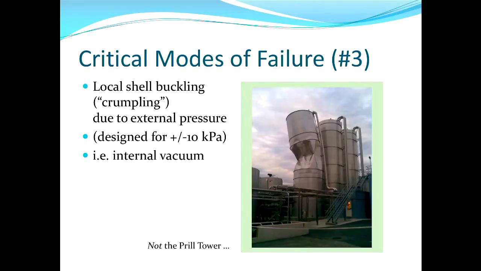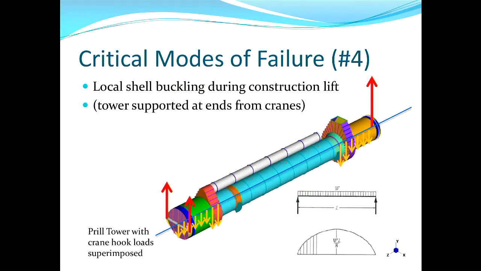But as you know by now, vessels can be subject to compressive stresses in their shells, not just due to fluid pressure, but due to bending. And so the fourth and fifth failure modes that we're designing the prill tower for are for local shell buckling when the shell is placed in compression due to bending.